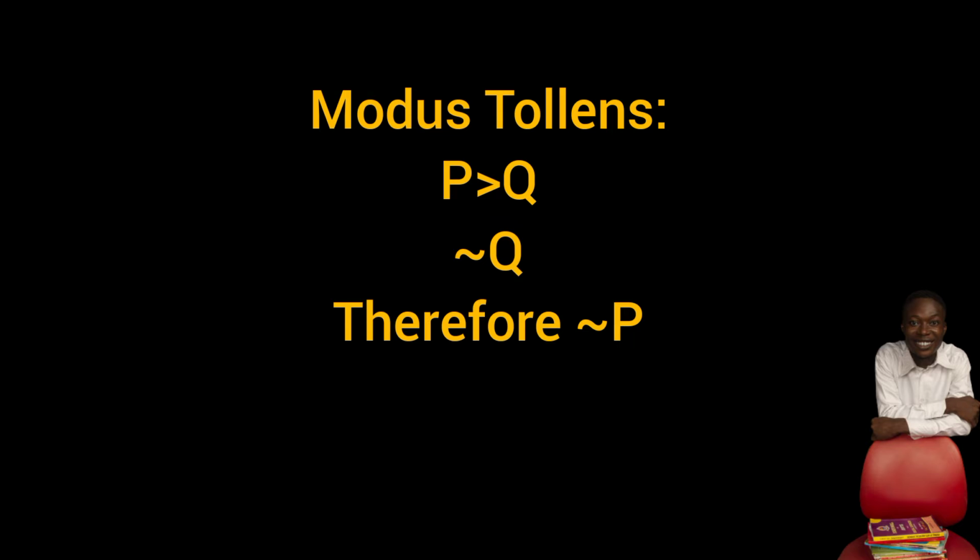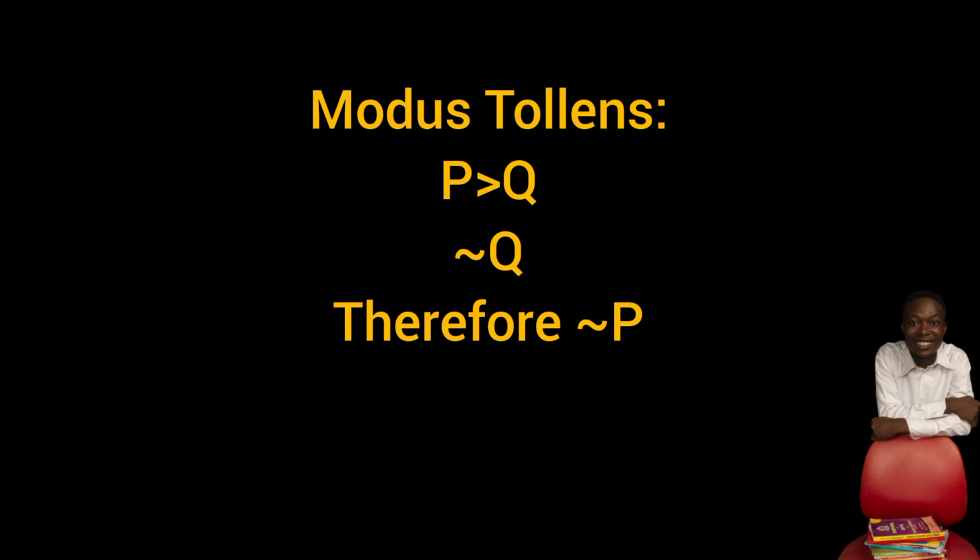Okay, now the opposite of modus ponens is modus tollens, which says if P implies Q is true and Q is not true, therefore P is not true.